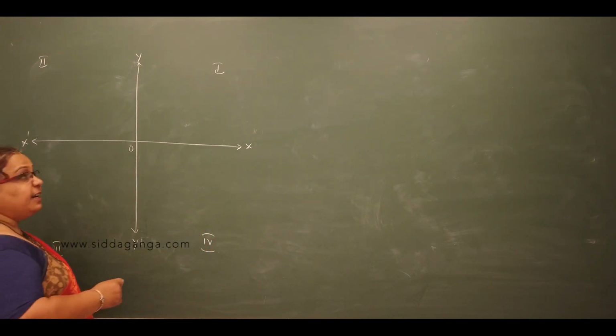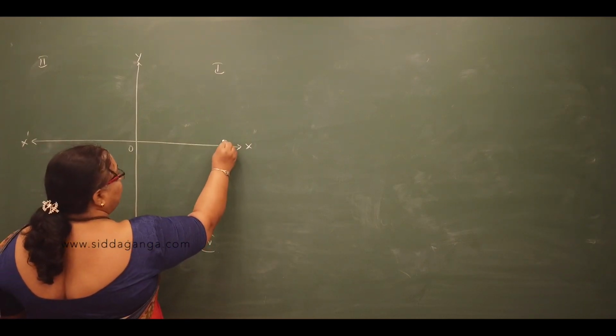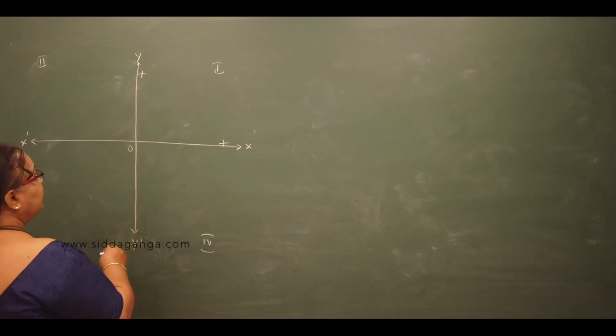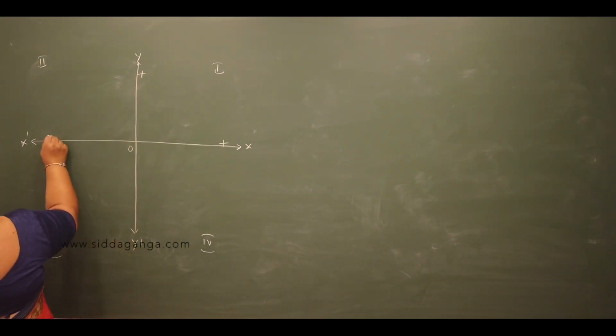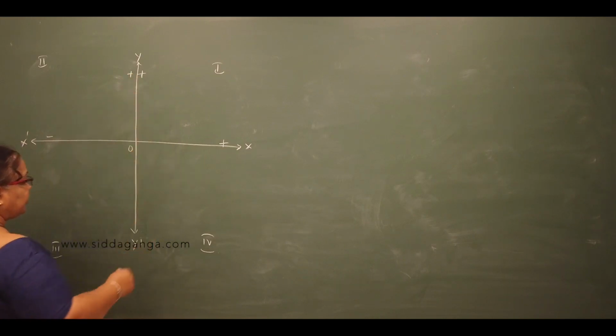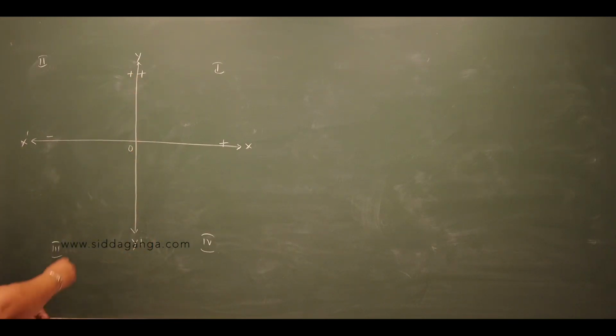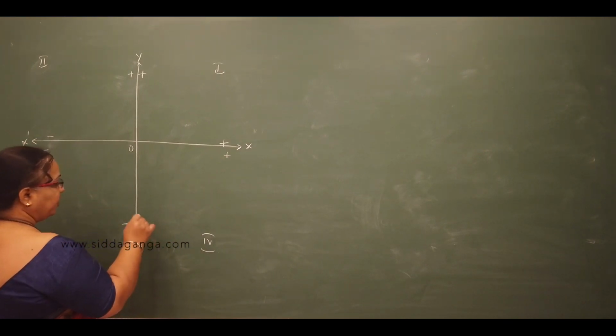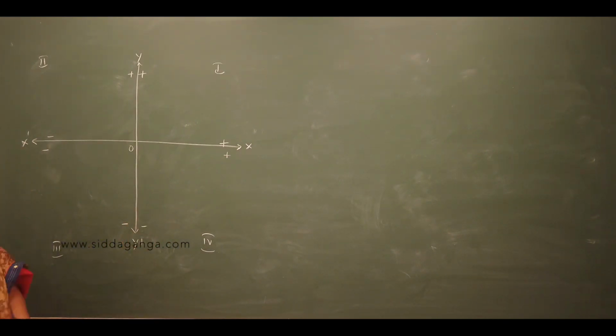The first quadrant is formed by the positive x-axis and positive y-axis. The second quadrant is formed by negative x-axis and positive y-axis. The third quadrant is formed by negative x-axis and negative y-axis. And the fourth quadrant is formed by the positive x-axis and the negative y-axis.